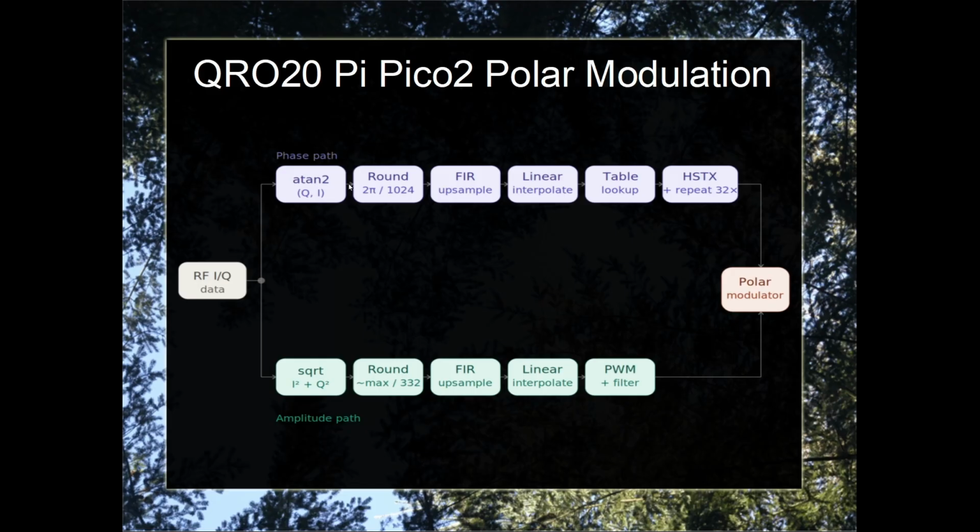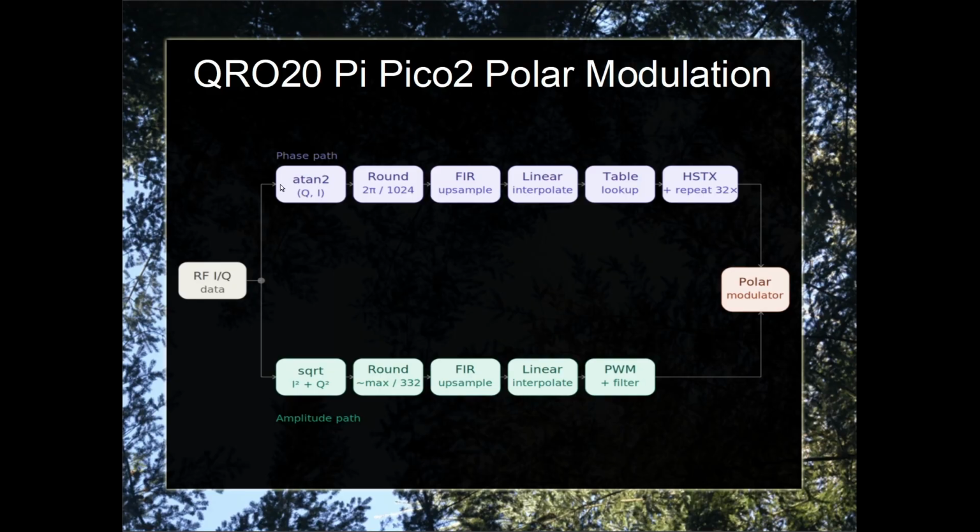The PC itself, PC or laptop, actually splits it into a phase and amplitude. So the IQ data from the single sideband CE-SSB algorithm gets converted to a phase and amplitude on the PC because it has a few more resources than the Pico2.